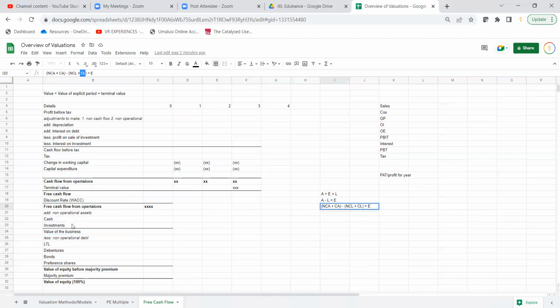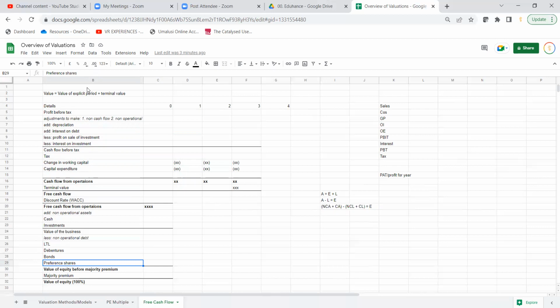And then in order to get to equity, we needed to take into account non-current liabilities, which is largely your non-operational debt, like your long-term debt. But now remember, we don't want total equity. We want only ordinary equity. So if total equity includes preference shares, you must make sure you remove preference shares as well, because you only want the value of ordinary equity.